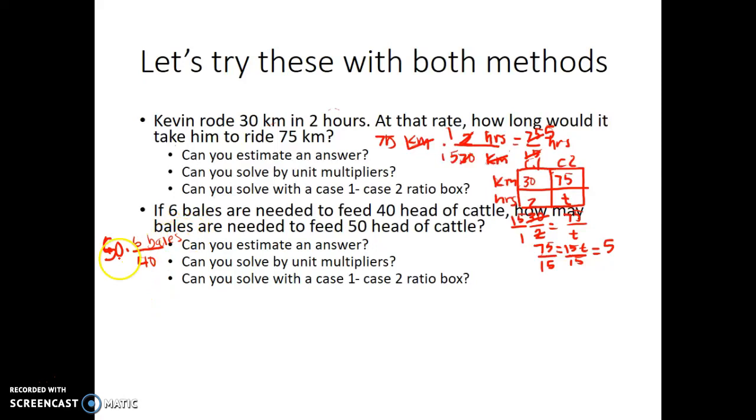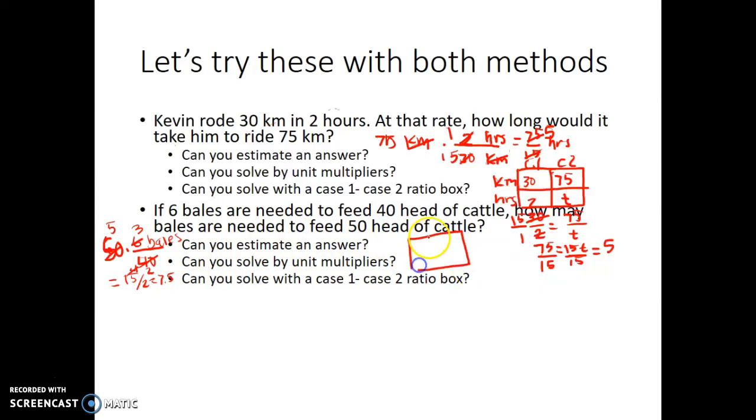So I would be doing this multiplication. I know that I can reduce this to just 5 over 4. I can reduce this to 2. So it would be 15 divided by 2, 7.5. And notice that like I estimated 7 or 8, and I'm actually exactly in between. So that sounds really good.